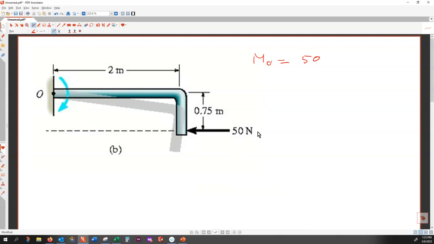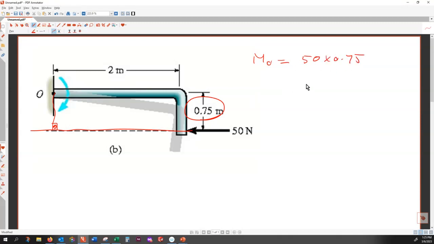Darcy, what is the shortest distance of this force with respect to O? Yes, well done, Darcy. So according to Darcy, I just extend that line and then I draw a normal from here to here. And that normal, guess what? How long is it? This is 0.75.